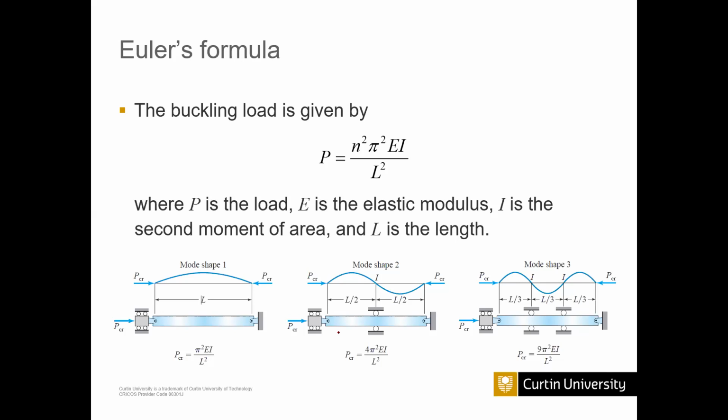So then you need to consider n as n equals 2. So in here 2 points are fixed. It will not move with this load. That means these 2 points are fixed to something. So then you will get this kind of shape, the buckling. So then you need to consider n equals 3. Now you know what is the meaning of n in the buckling. What is the meaning of n?